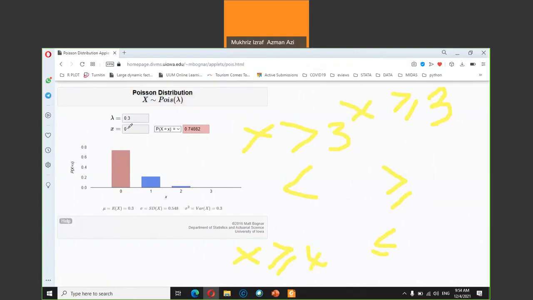So here you need to put 4, not 3. If you want to calculate x greater than 3, then here you need to put 4, because when you put 4, you can refer to this one, which is referring to x at least 4.